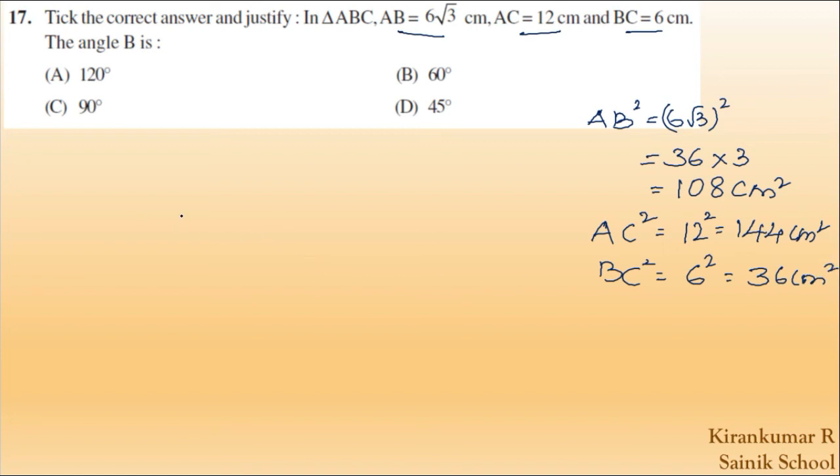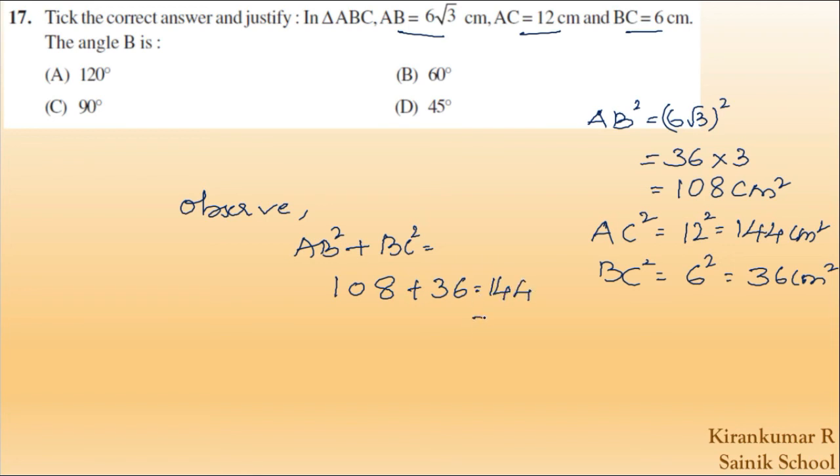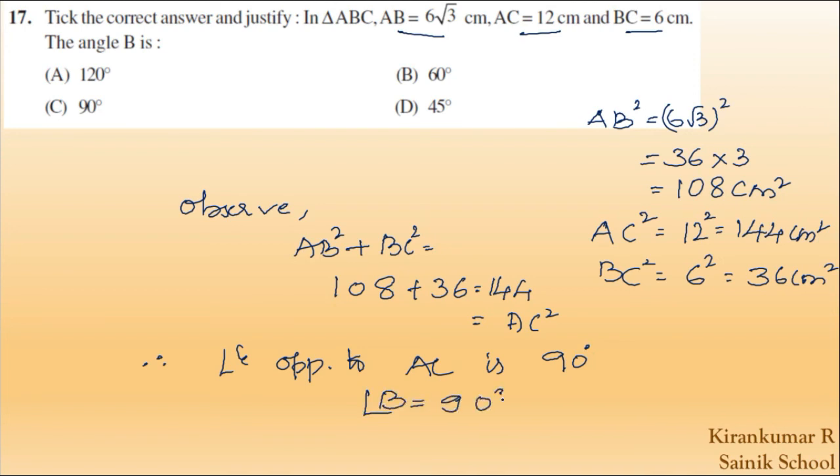Now observe, we get AB square plus BC square as 108 plus 36, nothing but 144, which is AC square. Therefore, angle opposite to AC is 90 degree. Which is the angle opposite to AC? Angle B is 90 degree. Therefore, the option C is the right answer.